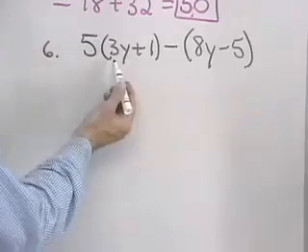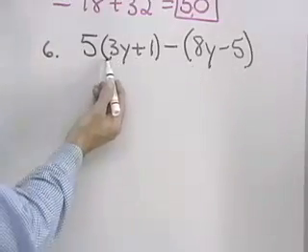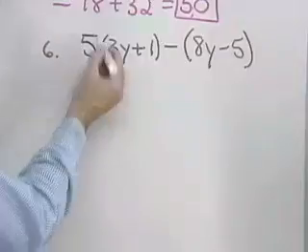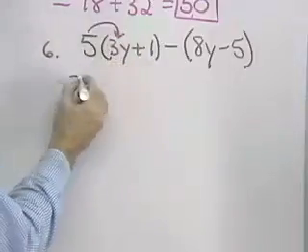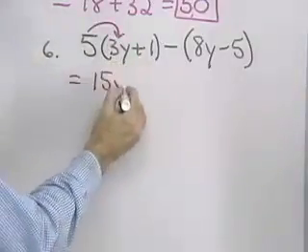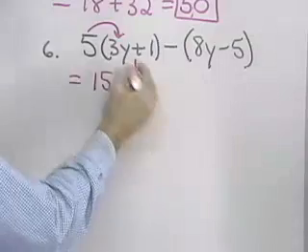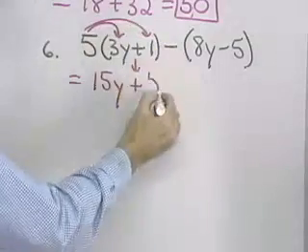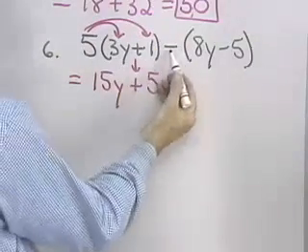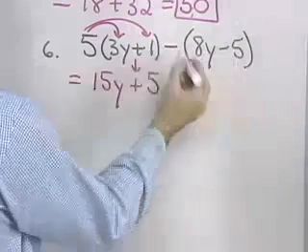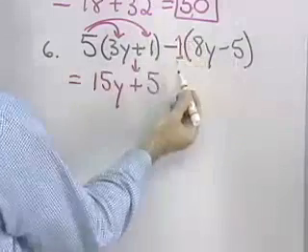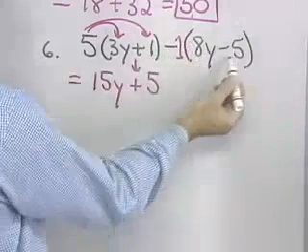The next problem involves some variables. I'm going to have to remove these parentheses by applying the distributive property. 5 times 3y is 15y, plus 5 times 1 is 5. Now here I have subtract this quantity. What I think I'll do is think of this as adding a -1 times this quantity.